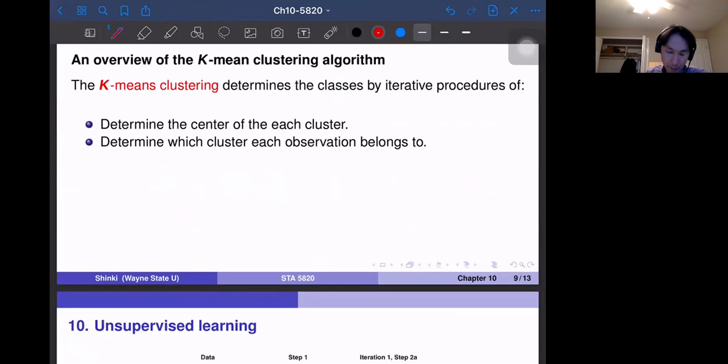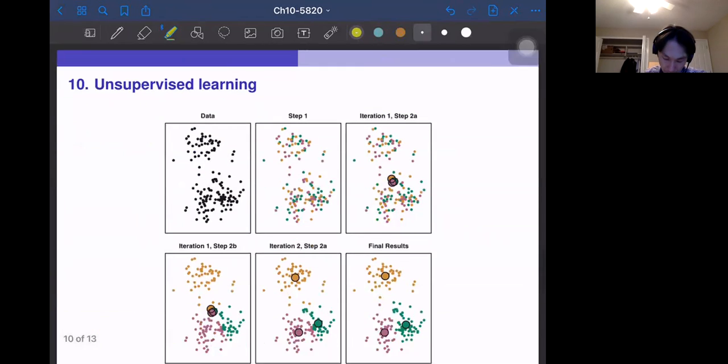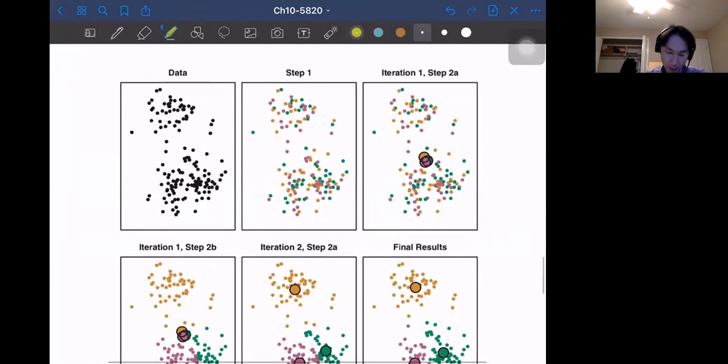And the algorithm has 2 steps. The first step is to calculate the center of each cluster. Then after that, determine which cluster each observation belongs to. So maybe it's good to see the example. The original data set is here. This is unsupervised learning, so we don't have any labels. And we are given k equal to 3.